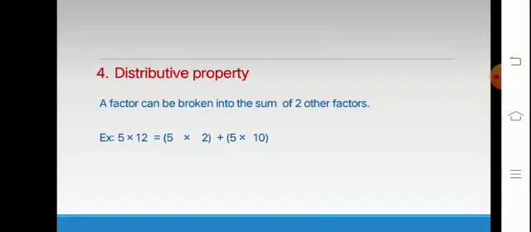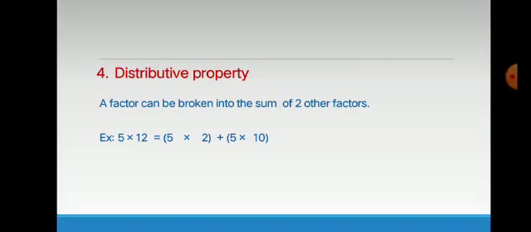Number 4 is distributive property. What is distributive? A factor can be broken into the sum of two other factors. It means you distribute one number. For example, here at the left side of the equal, there is 5 multiplied with 12. When you split 12 into factors, or you distribute 12 into factors, which is 2 and 10.